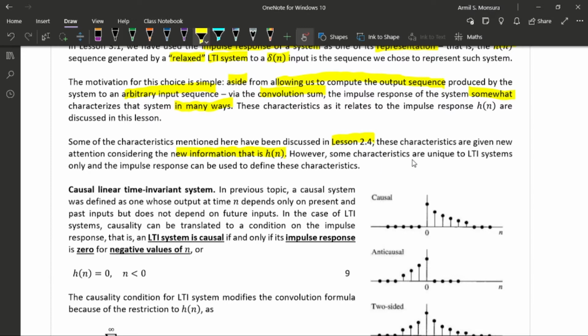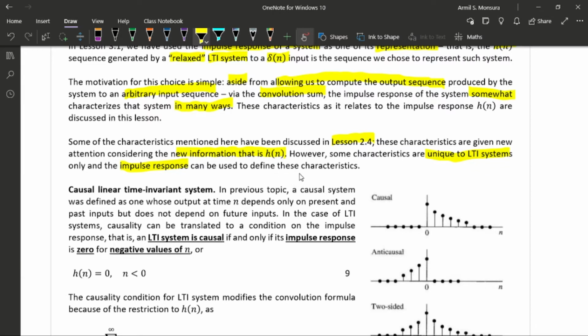However, some characteristics are unique to LTI systems. Since we are in the discussion of LTI systems, we will also be talking about characteristics that are unique to LTI systems only, and see how the impulse response can actually be used to define these characteristics.